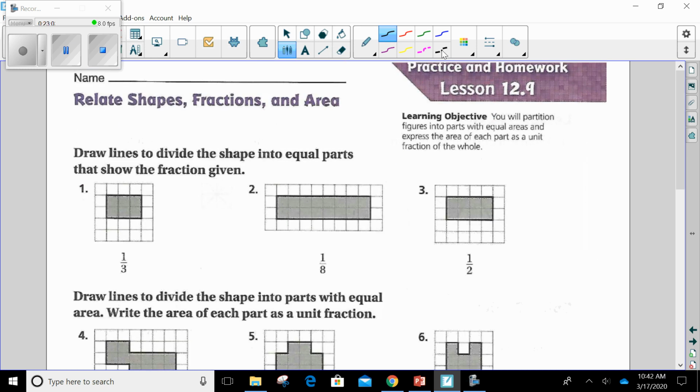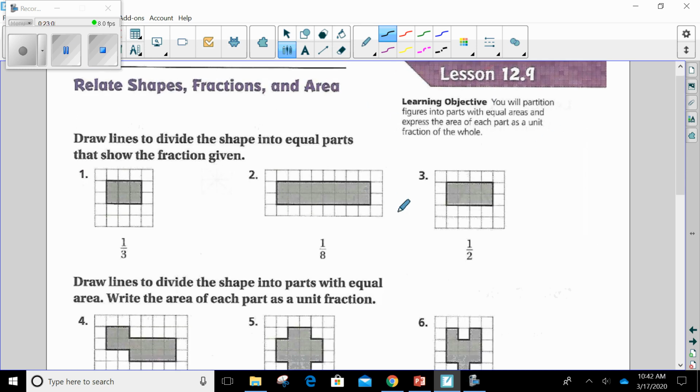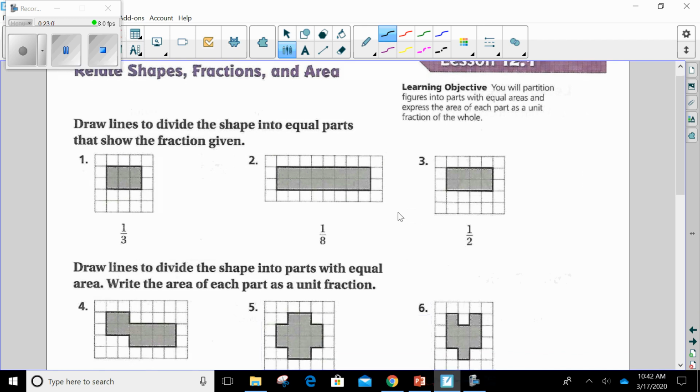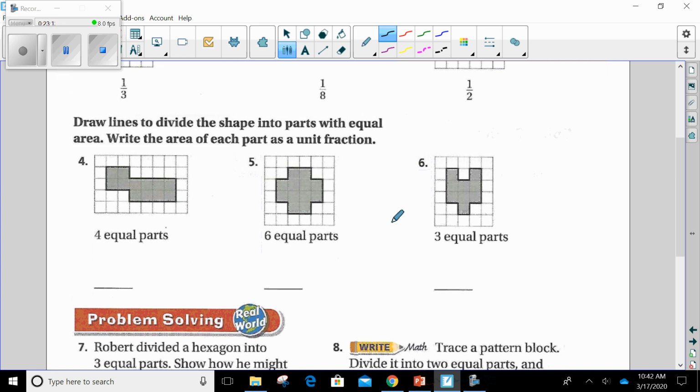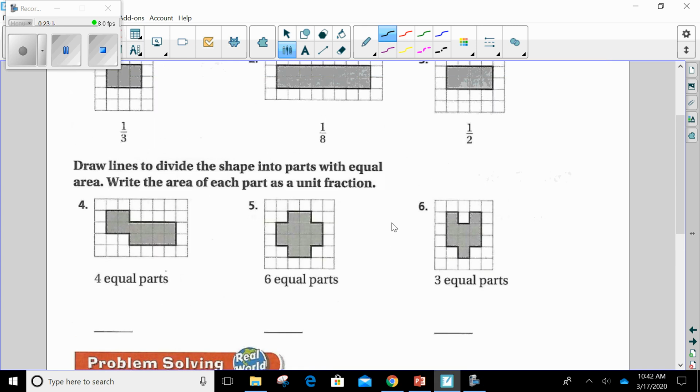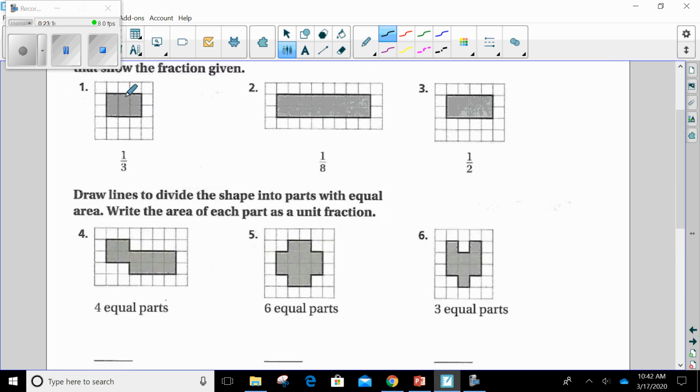Okay, ladies and gentlemen, I want you to do lesson 12.9. Please, please, please try to do it on your own. Remember, you have to figure out how many squares are in this rectangle and then divide it into 3 parts.